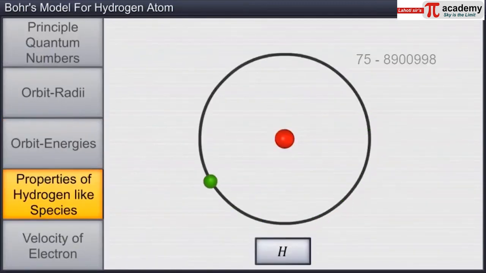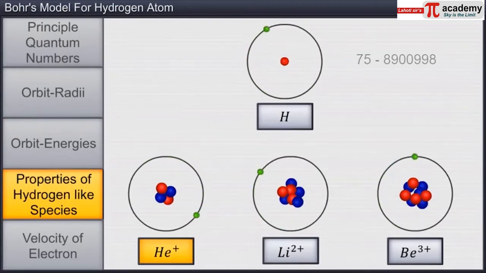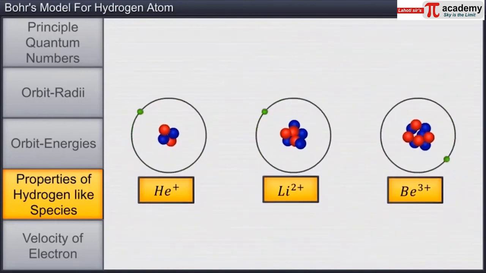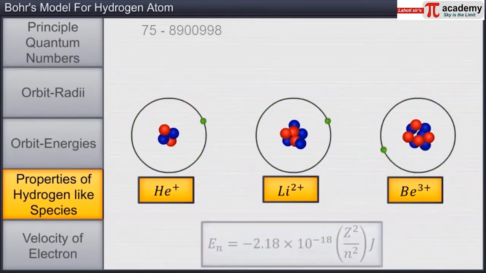Bohr's theory also applies to other ions which are isoelectronic with hydrogen, such as helium plus, lithium 2 plus, and beryllium 3 plus ions that contain 1 electron each. The energies of the stationary states of hydrogen-like species are given by the expression En is equal to minus Rydberg constant multiplied by the square of the atomic number divided by the square of the principal quantum number.